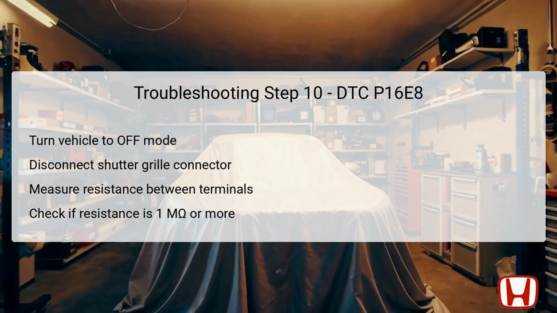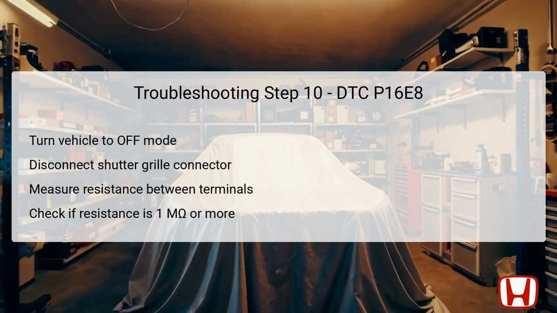At Step 10, similar procedures as before are implemented, commencing with turning the vehicle to the off/lock mode to ensure safety prior to disconnections. Once the systems are powered down, the shutter grille's upper and lower connectors need to be completely disconnected for testing. The next task involves measuring resistance between specific test points at the shutter grille's connector terminal and body ground, following the same guidelines established in previous steps.